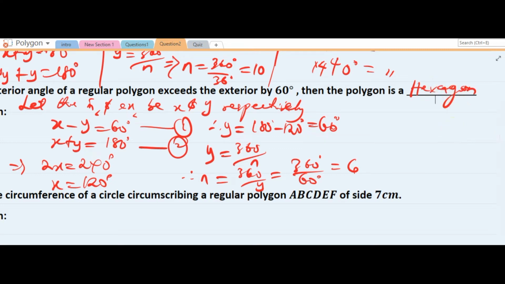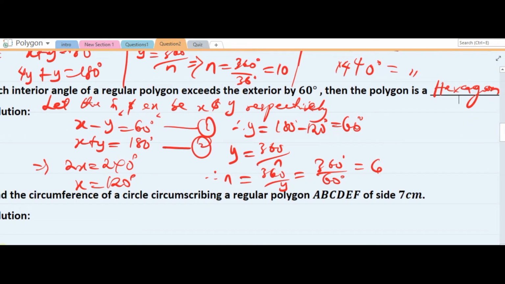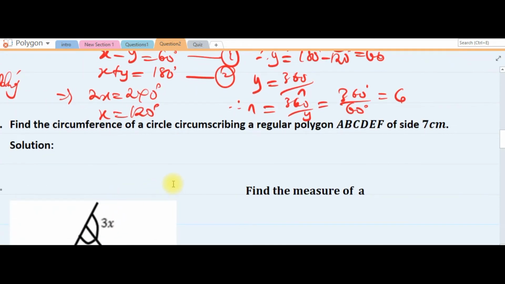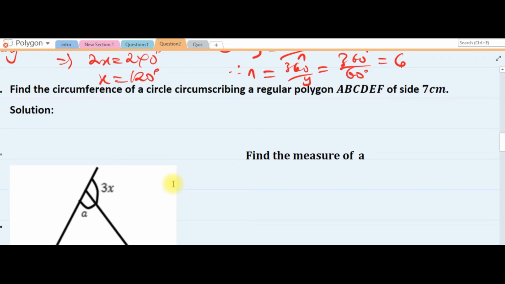So the next question. They said find the circumference of a circle circumscribing a regular polygon, meaning the polygon is inside the circle. So let me draw the circle. So this is it.